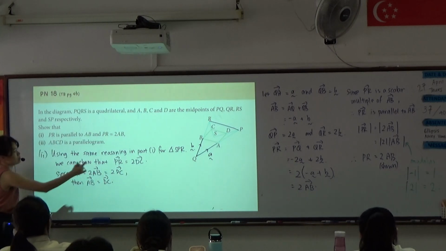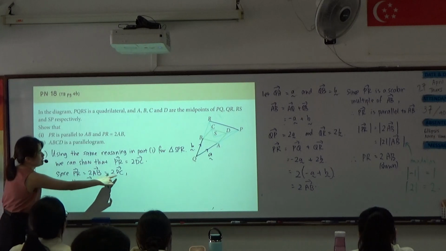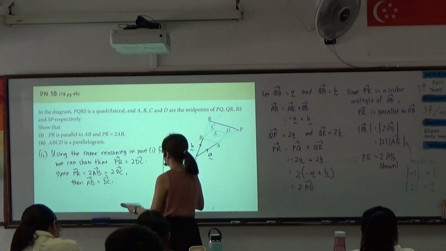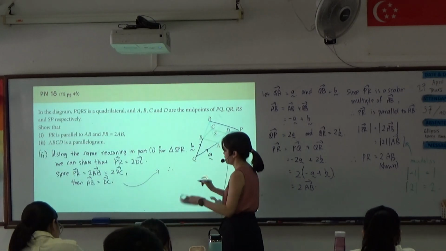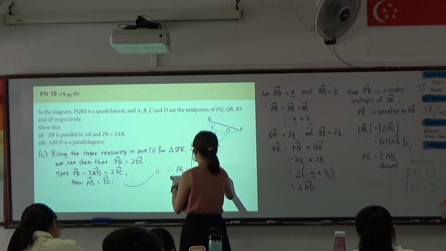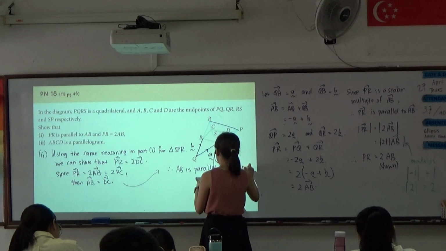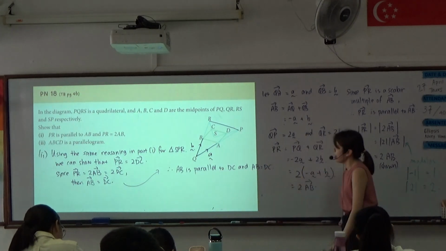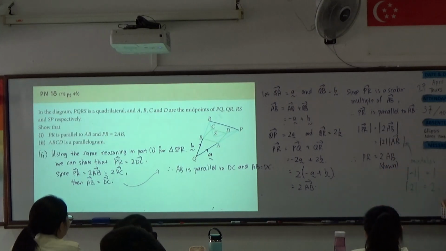Because they are all equal, right? So by comparison, AB must be equal to DC. And therefore, AB is parallel to DC, and AB equals DC.